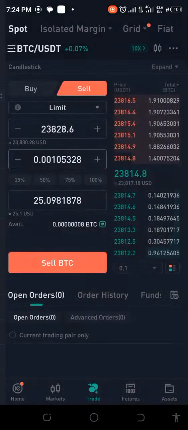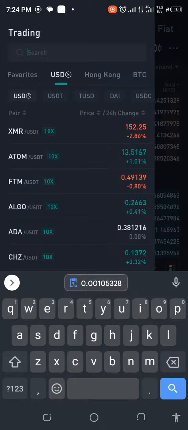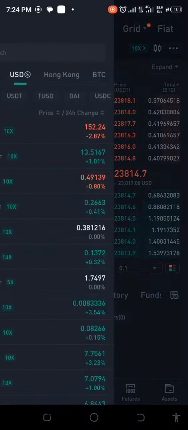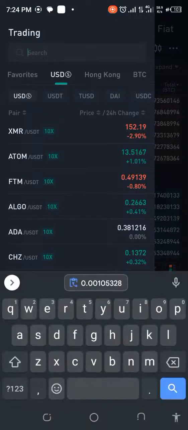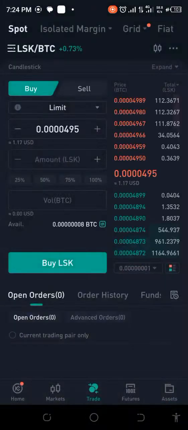So let me go back and see whether I could leave it in the queue and still get something good for it. Okay, we're talking about LSK BTC. All right, no, that's not ETH. We don't want ETH, we want BTC. So it's still here at 495.